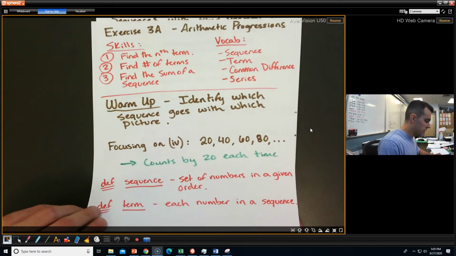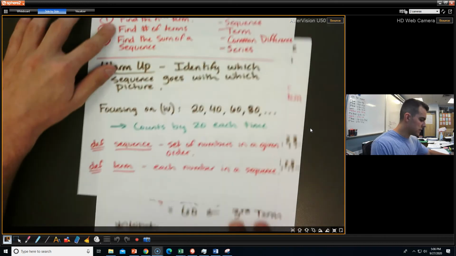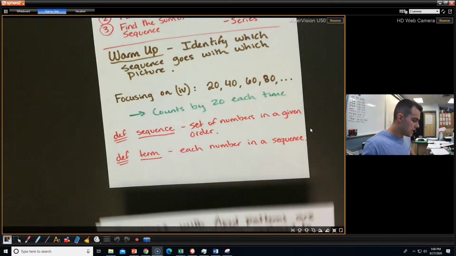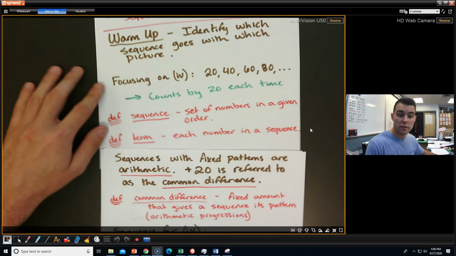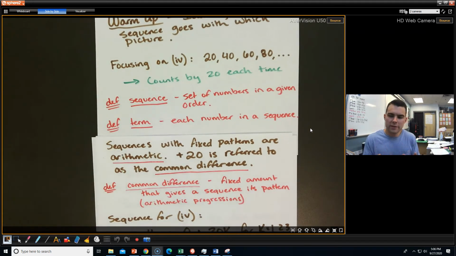There are sequences with fixed patterns like this. If it's a sequence with a fixed pattern, we call that arithmetic. It looks like arithmetic, right? If you think of arithmetic, that's our basic math foundation, essentially just counting things. So it's a fixed pattern of counting.